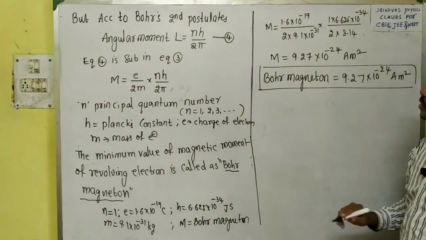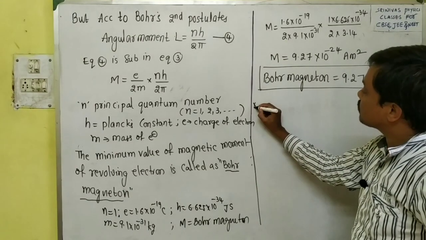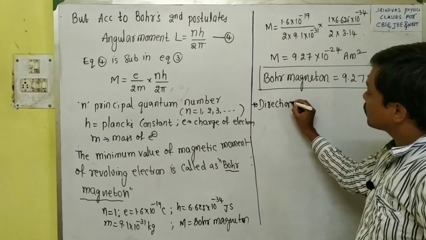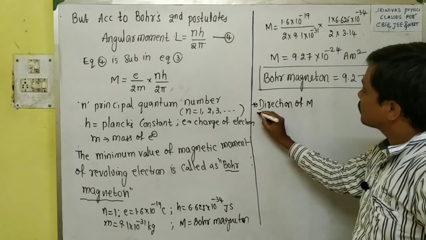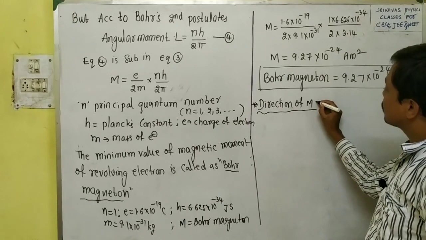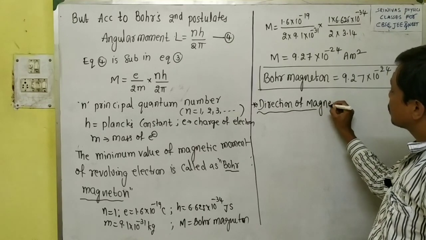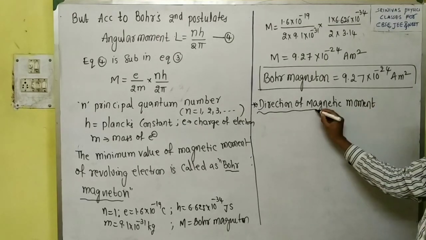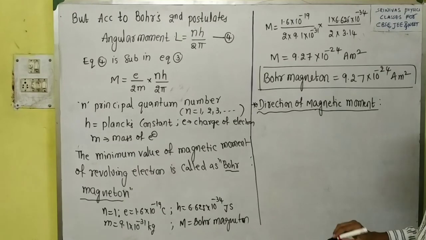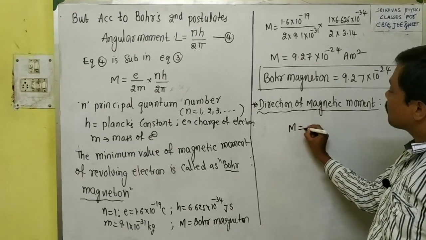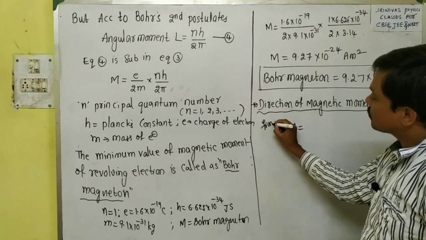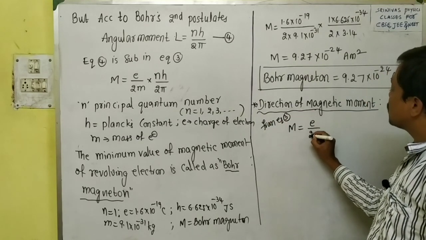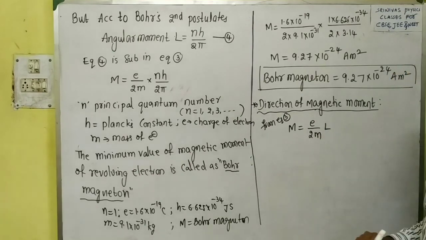And next I am going to start the direction of the magnetic moment. How will we give the direction of magnetic moment? We know the magnetic moment formula from equation 3: M = e by 2m into L. Is it right?